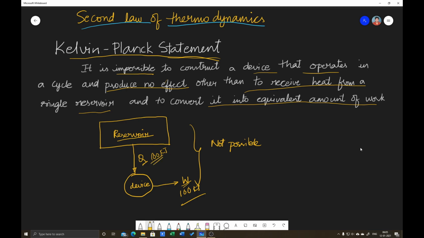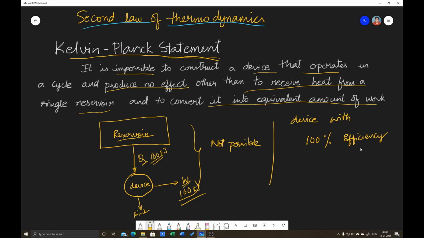That means only some part of the heat can be converted into work and the remaining should be rejected to the sink, like the atmosphere. Some part should be rejected and some part may be converted to work. In other terms it can be written as: it is impossible to construct a device with 100% efficiency.